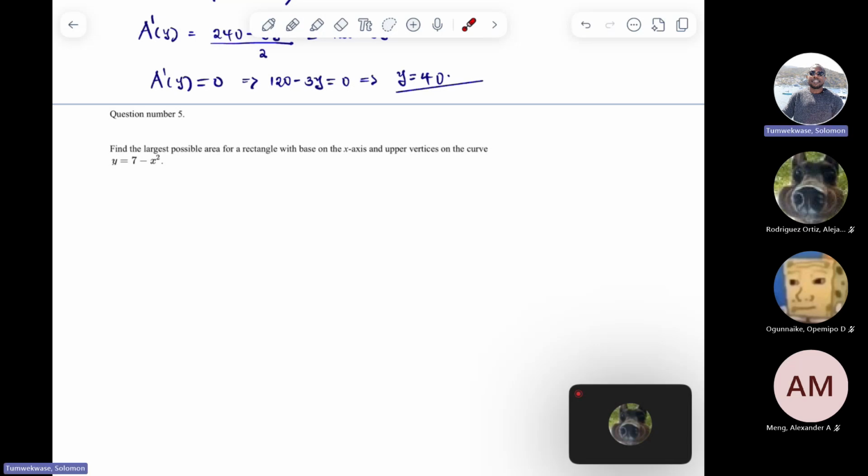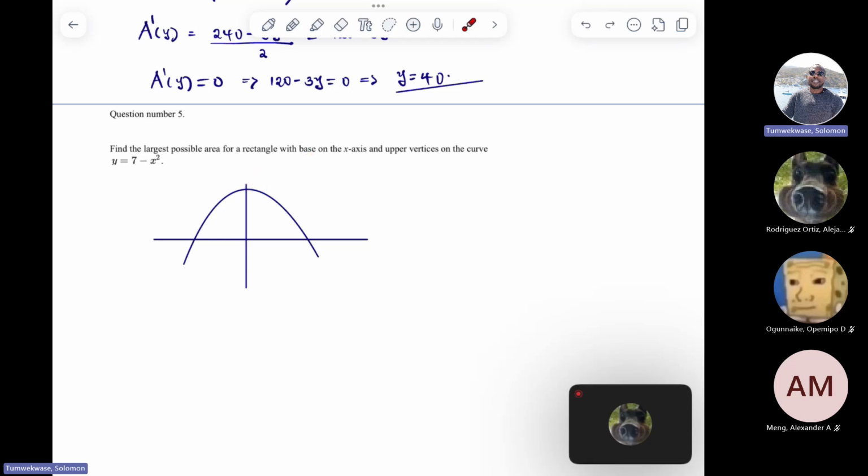So the base is on the x-axis and the upper vertices are on the curve y is equal to 7 minus x squared. I guess this point here should be 7. So when x is 0, this point here is 0, 7.